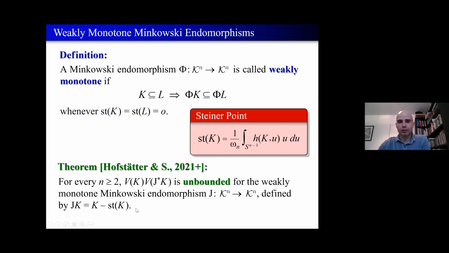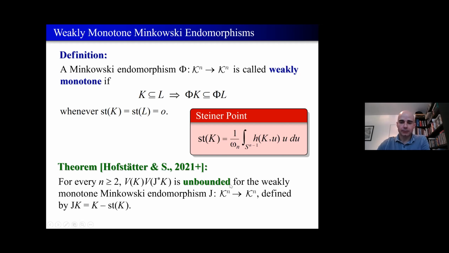It won't be monotone, but it will be weakly monotone, obviously, just by the definition. And it turns out that the volume product for this modified identity is unbounded.